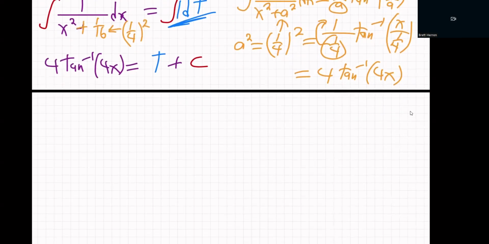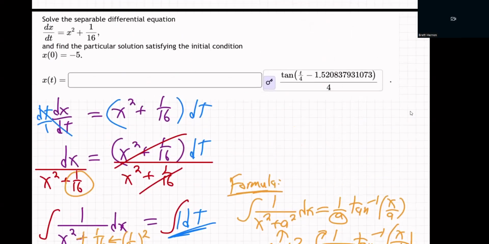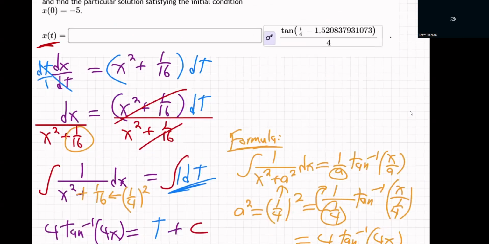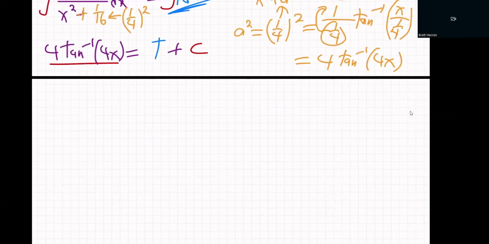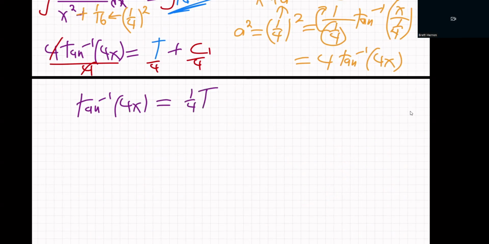All right. So now I'm trying to solve for x, trying to get x alone. They're asking me to find x as a function of t. So divide by 4. This is constant 1. We divide by 4. We have tangent inverse of 4x is 1/4 t. I'm going to make my t capitalized, I like them better that way. Plus, now constant 1 over 4, let's just call that constant 2. It's just another constant.